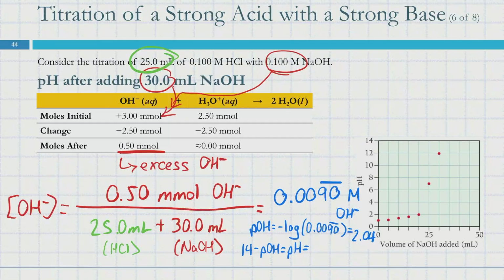And our pH here is going to be 11.96, thereabouts, or 12.0 for 3 sig figs. And we can see on our graph our 30 milliliters data point is just a little bit below 12 for pH.